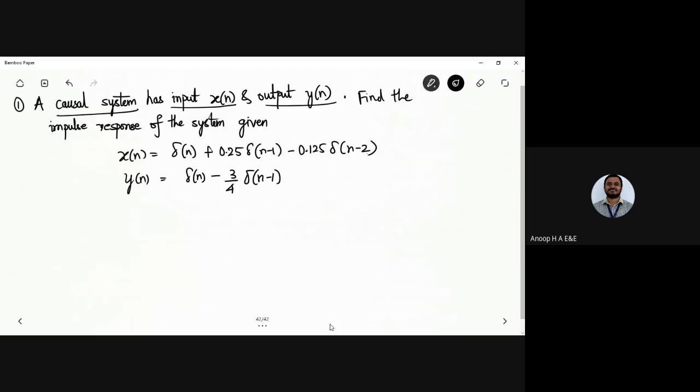So this is the given problem, where we can generally understand it is a causal system, where you can have n greater than 0.